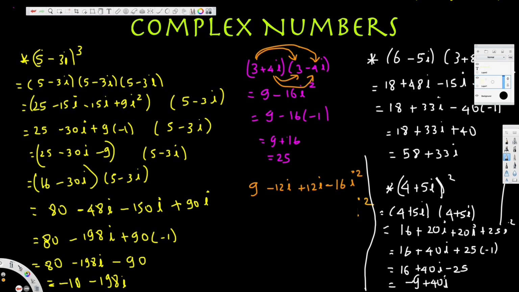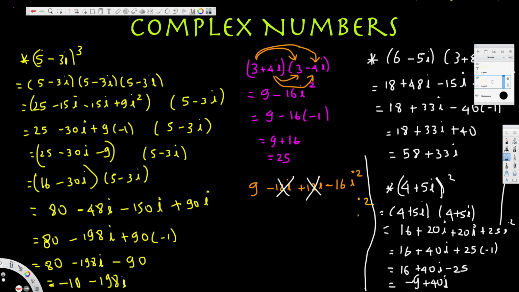Now you can see the middle term cancels. Minus 12i plus 12i. It always happens for the conjugate. Whenever you have 3 plus 4i and the conjugate of this one is the same term, only the middle sign changes, like plus becomes minus. So whenever you have something like this, the middle term always cancels.